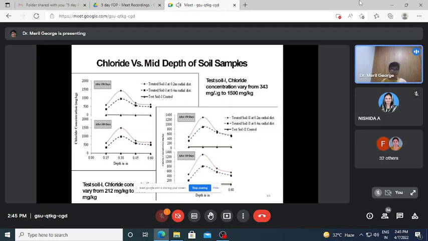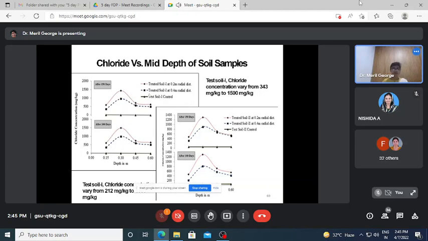When we consider the results, these results were plotted such that the first figure shows test soil 1, the second one is of test soil 2, and the x-axis shows the depth of soil sample.